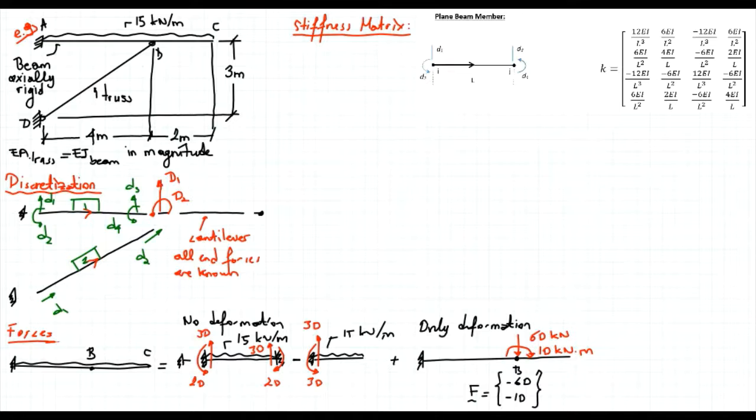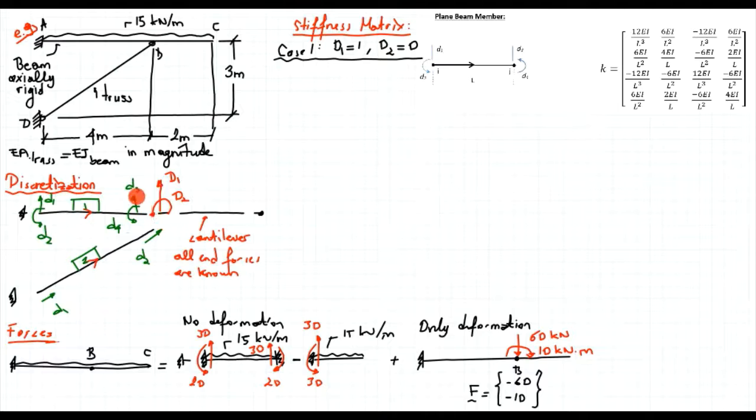Let's start from the first case, case 1. Translation is equal to 1, rotation is equal to 0. Now we go back to this discrete version of the structure.